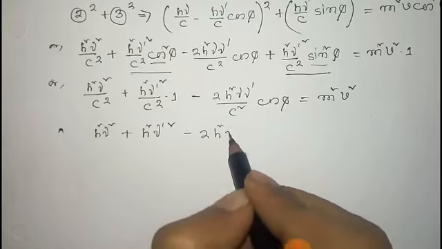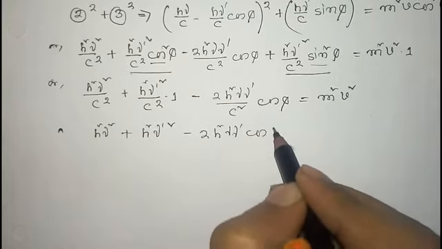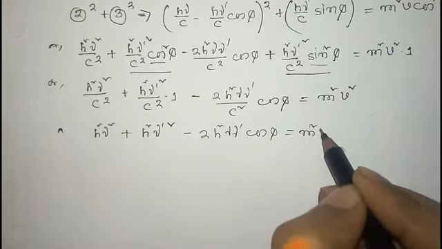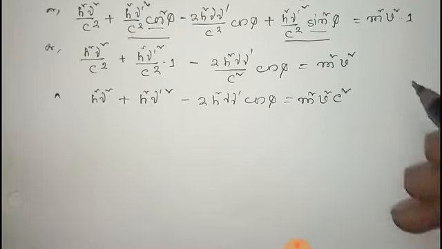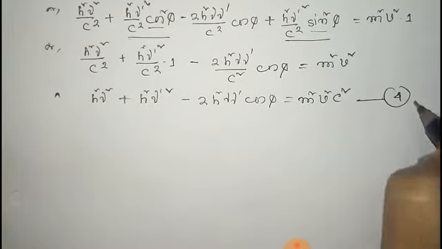Now we multiply c square on both sides, and after multiplying c square on both sides we get like this, and take this as equation number 4.